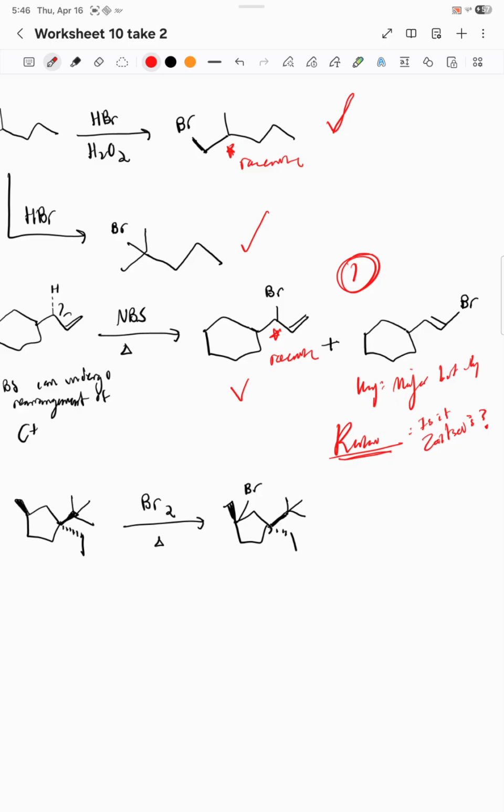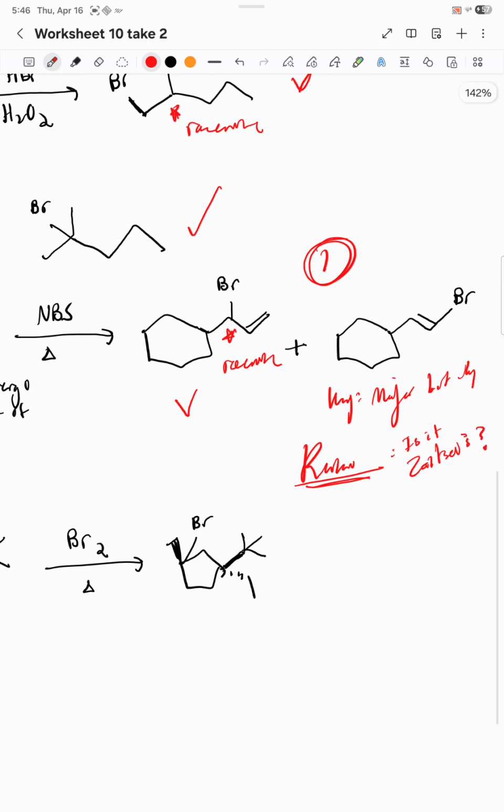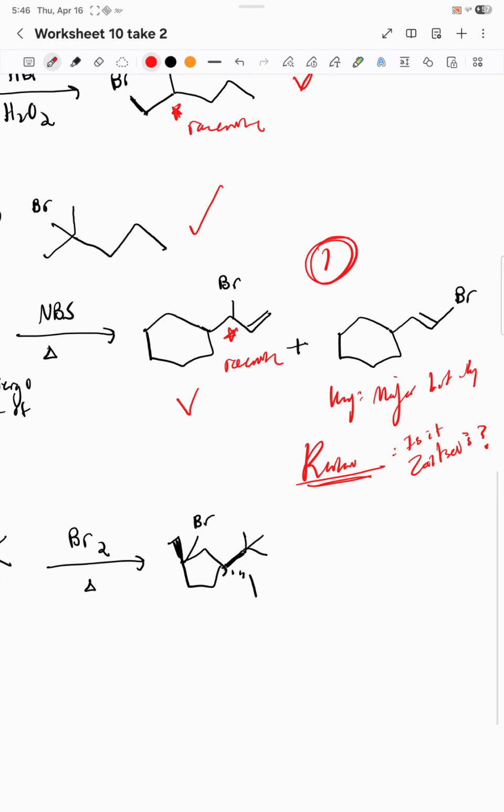If it's Zaitsev's, okay. Major, but why? So why is it major? Is it Zaitsev's? Yes, it seems like it is Zaitsev's. Why is it more Zaitsev's? Listen, we should write that down. These are the reasons why we do review worksheets.